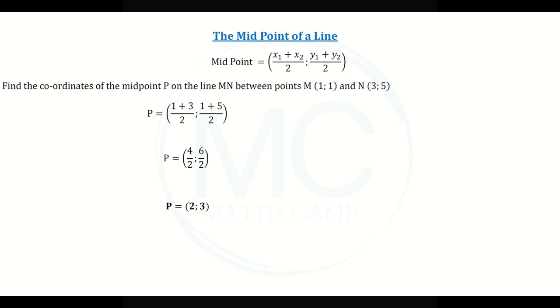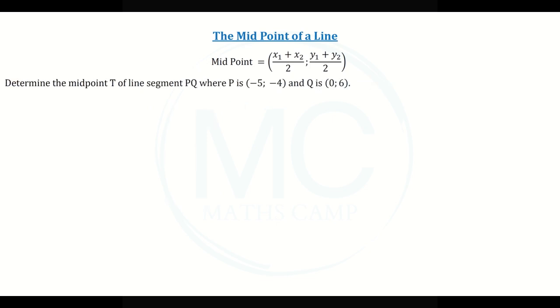Let's do another example. Determine the midpoint T of line segment PQ, where P is (-5, -4) and Q is (0, 6). Let's say that P is our first point and Q is our second.